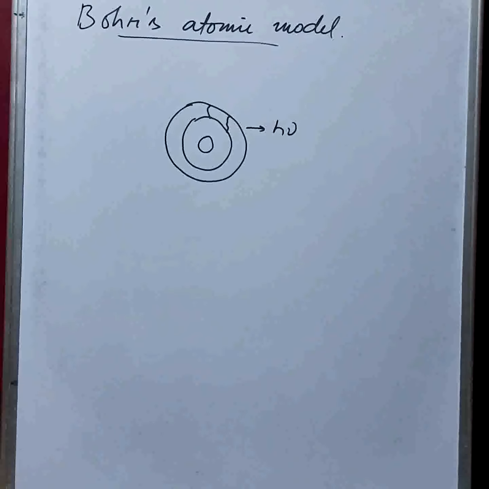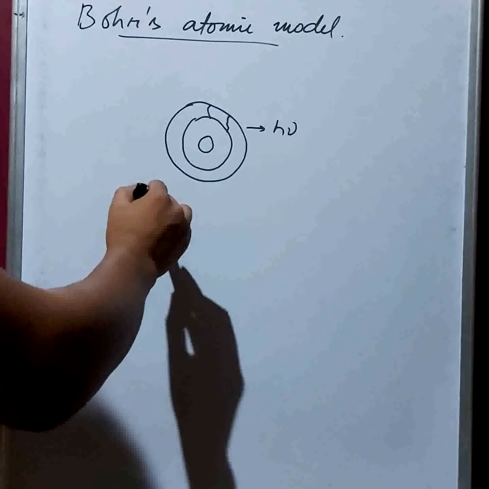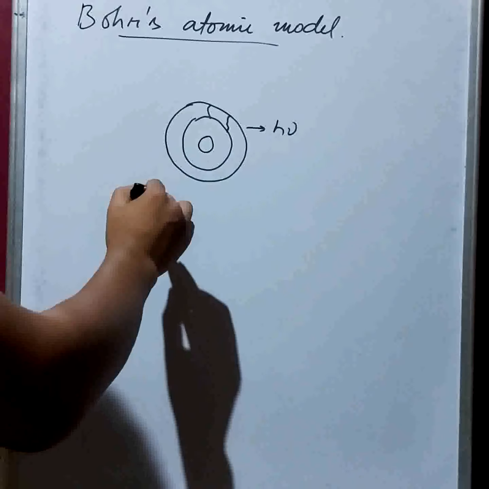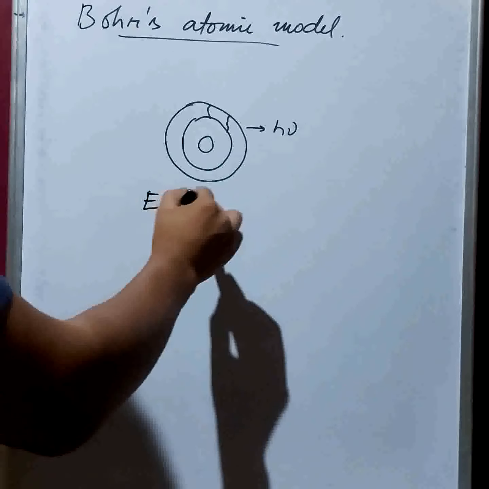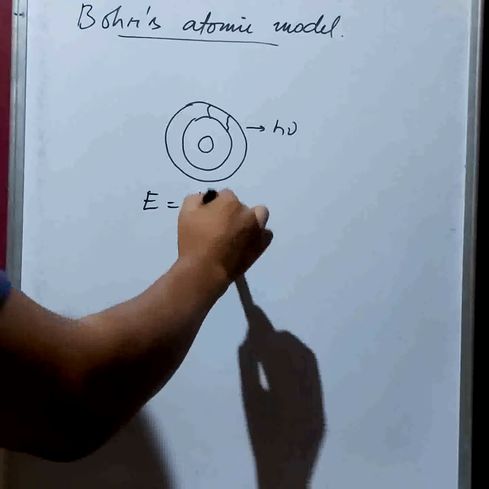Those were the assumptions of Niels David Bohr in his atomic model, and the energy emitted during these transitions was hc over lambda.